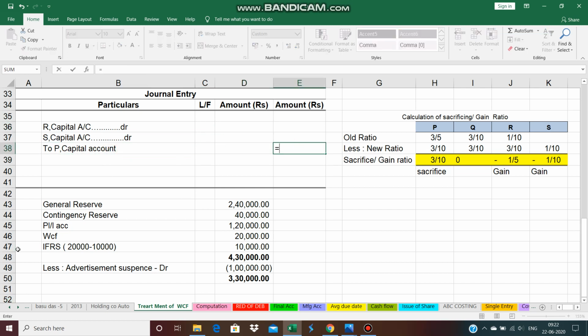Very simple, this 3,30,000, the portion of 3/10, that is 99,000. Now again this into the gaining portion.